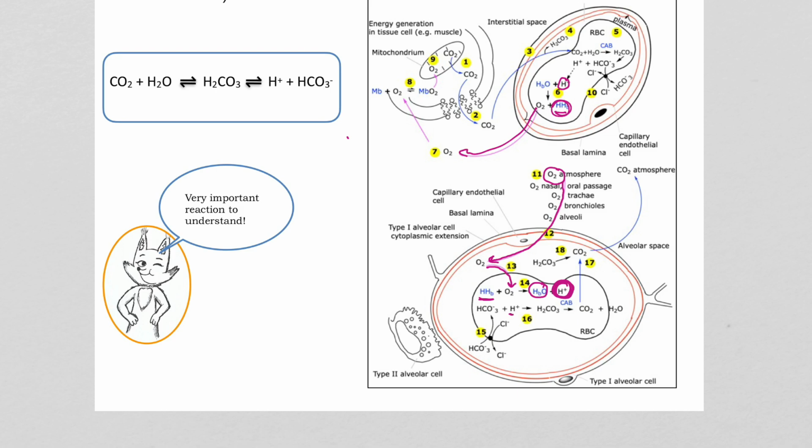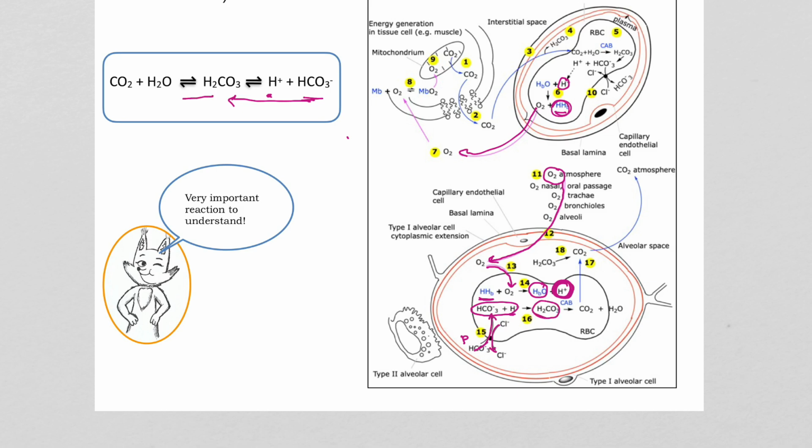So now these protons will combine with the bicarbonate, and the bicarbonate is taken into the red blood cell in exchange for chloride. So from the plasma, the bicarbonate is taken into the red blood cells. These protons will combine with bicarbonate and the reaction will go in this direction, producing carbonic acid.